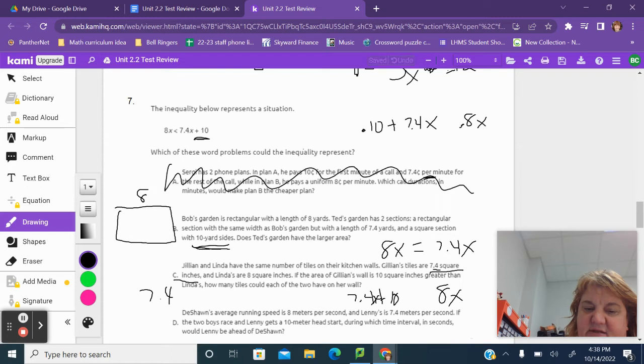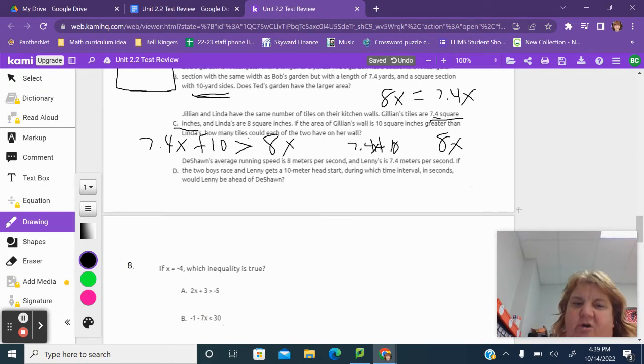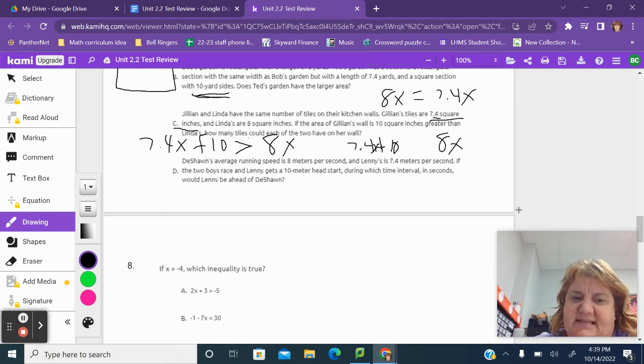Tiles are this times how many tiles, plus 10. And how many tiles could each of the two have on the wall? Greater than Linda's, and Linda's would be like this. Maybe. Boy, word problems are hard, huh, you guys? I'm glad we only have 2 on the test.